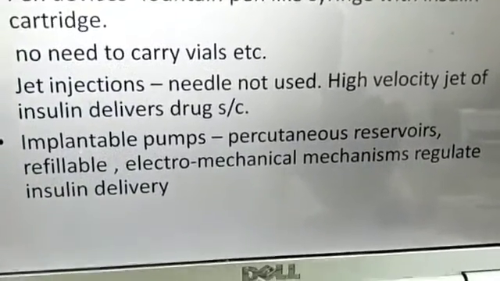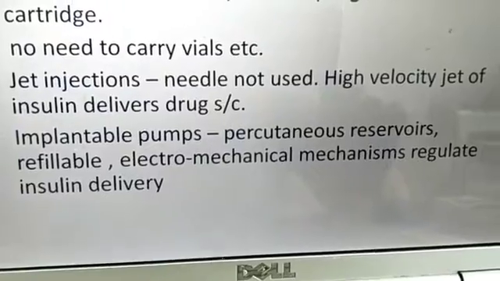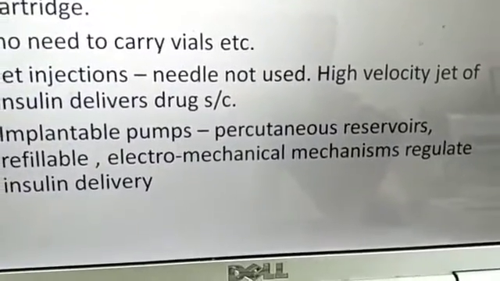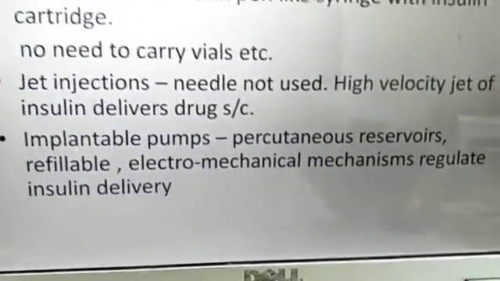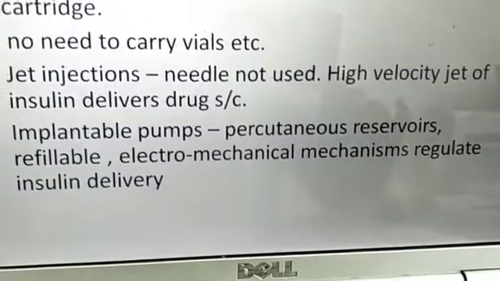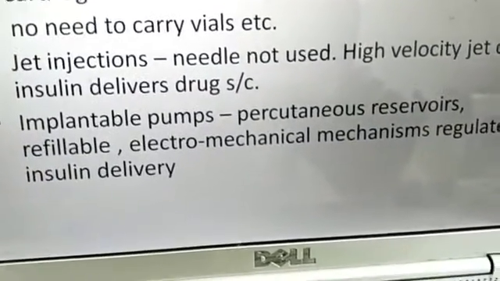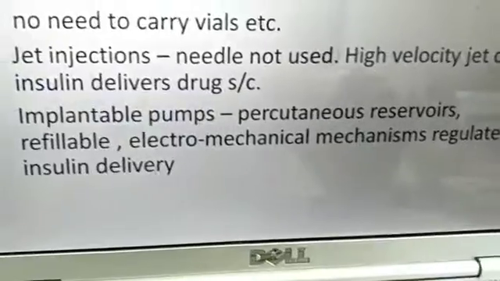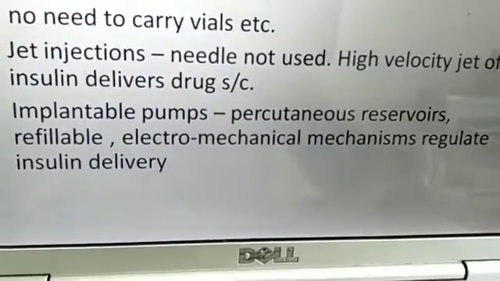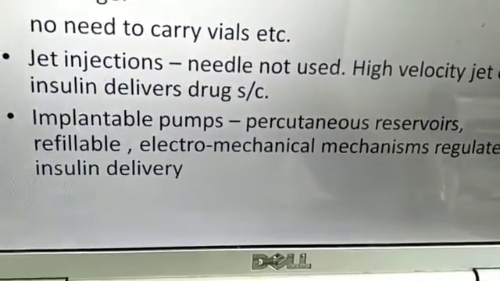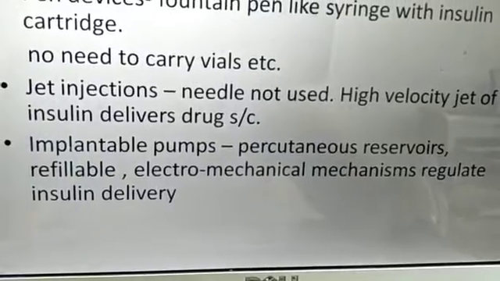Then there are implants. These are percutaneous reservoirs which are deposited subcutaneously, implanted subcutaneously. These are refillable and are operated by electromechanical mechanisms to regulate the dose of insulin delivered.